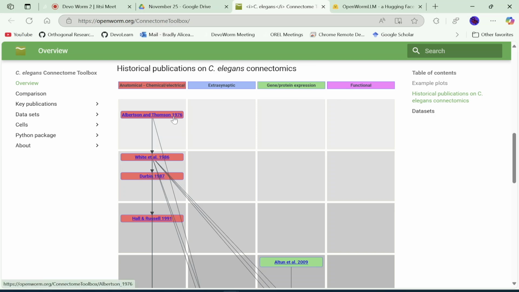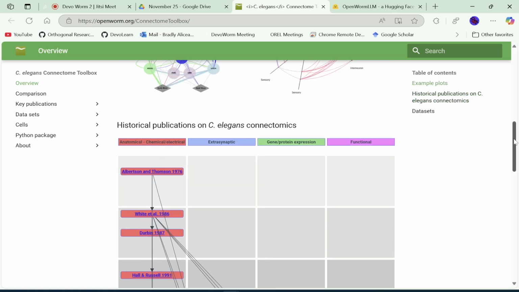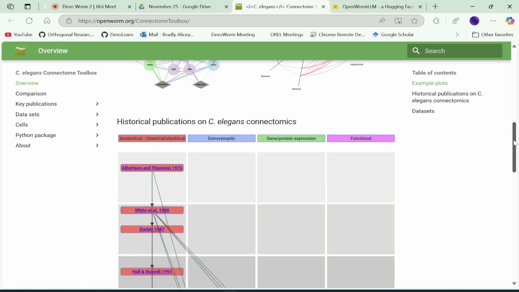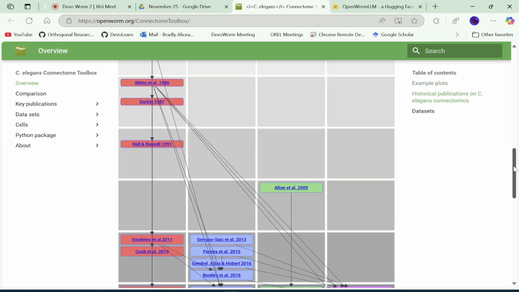We start with Albertson and Thomas in 1976. We move to White 1986, Durbin 1987, Hall and Russell 1991. That's all in the anatomical, chemical, electrical category. This is where they're mapping out the basic features of the connectome, the cells, the connections, etc.